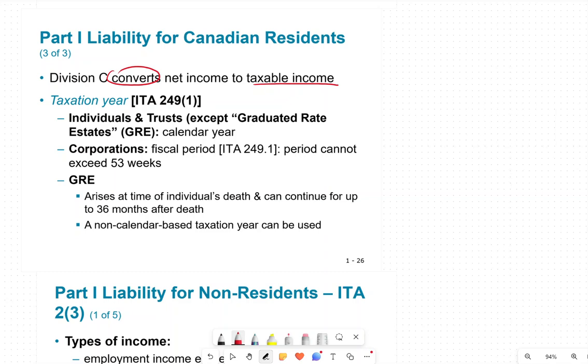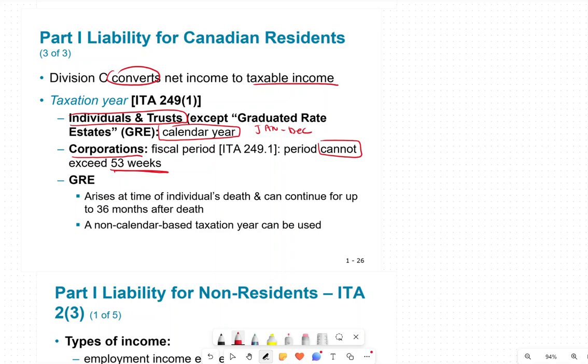Now, if you are an individual or a trust, your year end is the calendar year, January to December. If you're a corporation, you could have any fiscal year, but it cannot exceed 53 weeks.